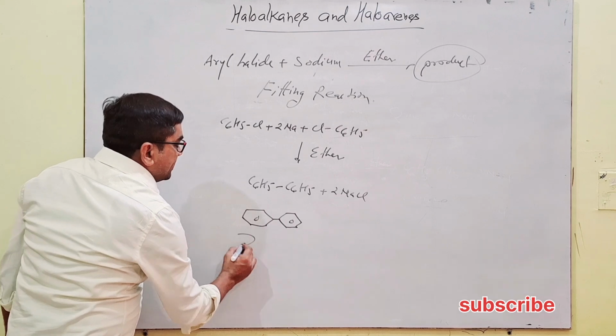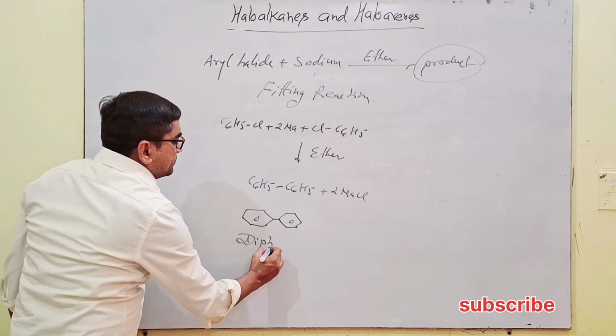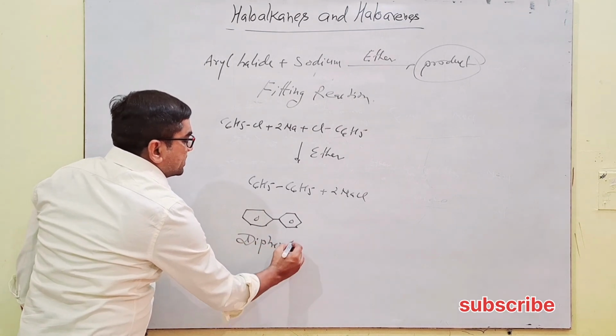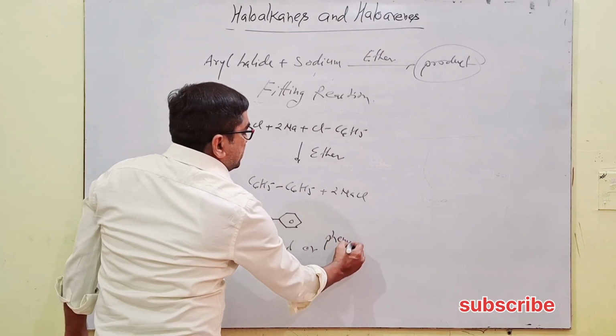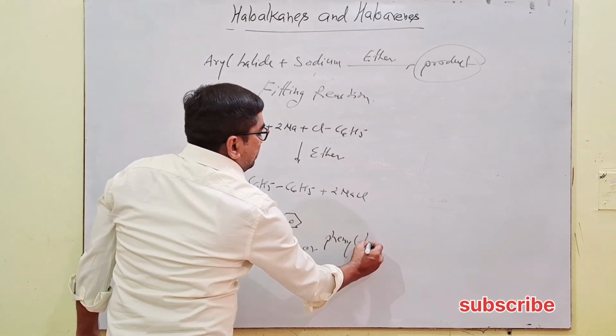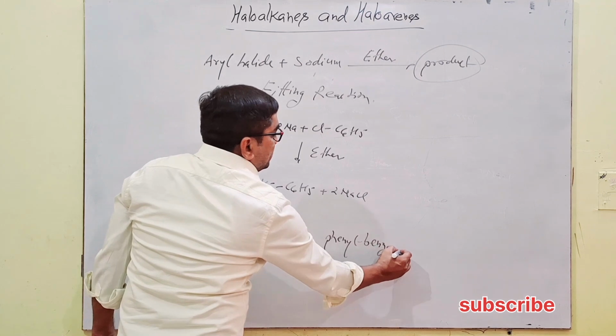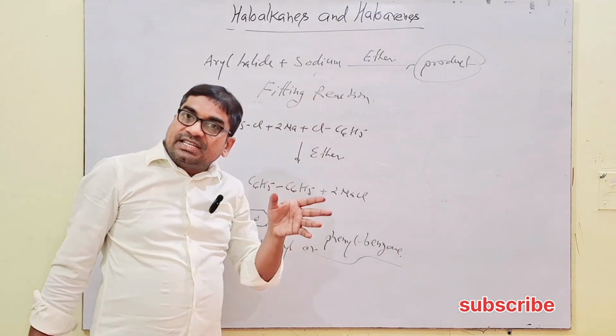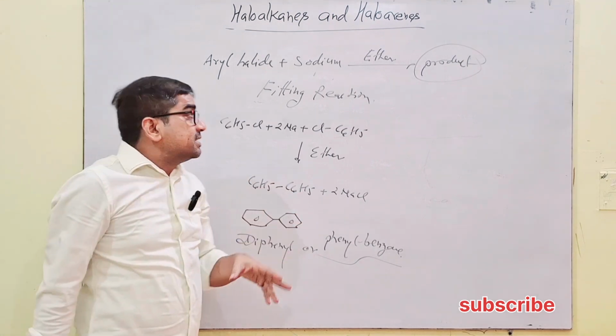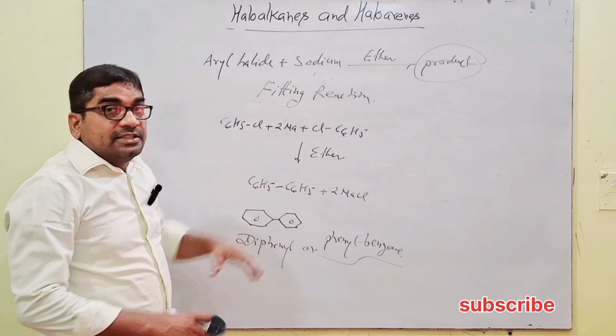It's called diphenyl or phenylbenzene. Phenylbenzene is formed under the Fittig reaction. So: Wurtz reaction, Wurtz-Fittig reaction, and Fittig reaction.